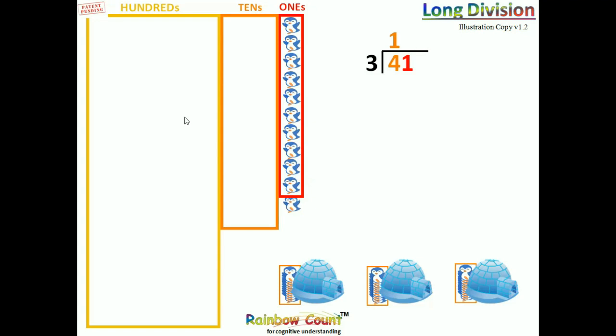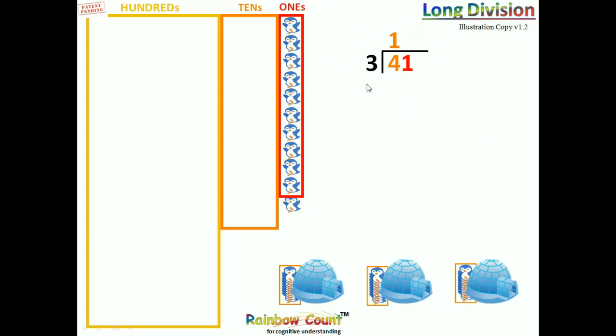Now we can clearly see that there are 11 penguins that we have yet to distribute in the ones place. Looking at the right, the long division algorithm, we cannot see how many penguins we have not yet distributed. It is not reflected in any of the numbers here.